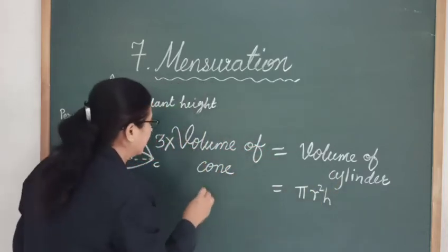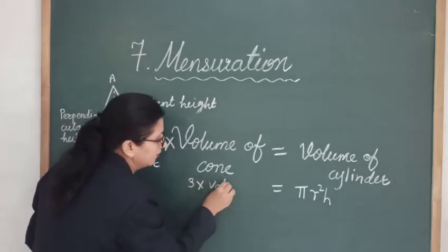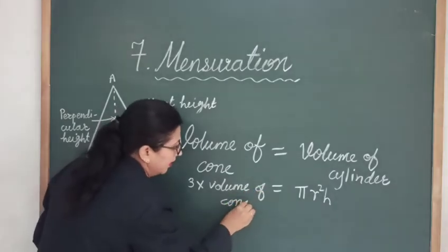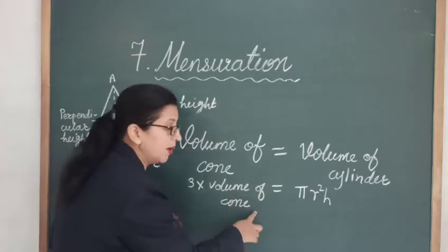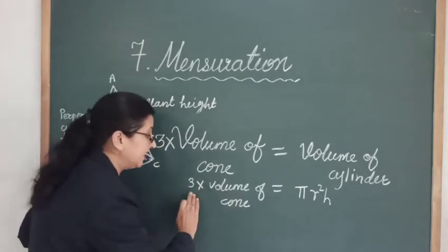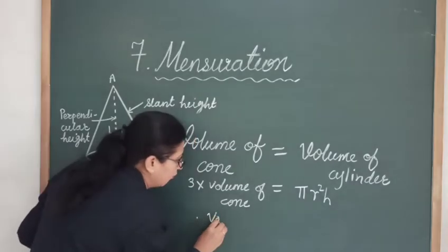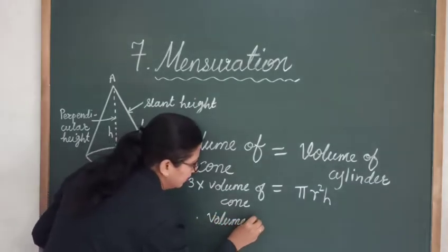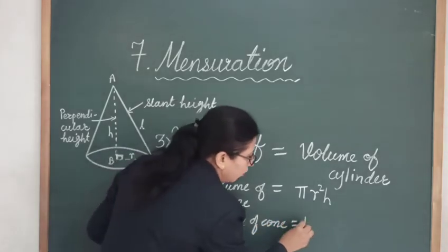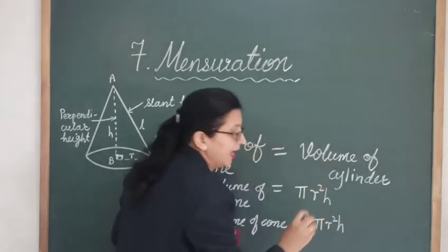And here this 3 into volume of cone. Now we want to find out the volume of cone. This 3 is multiplying, so it will divide. Therefore volume of cone is equal to 1/3 pi r square h.